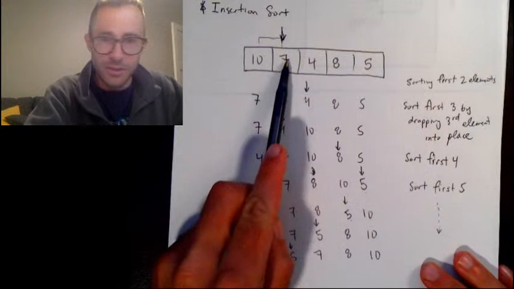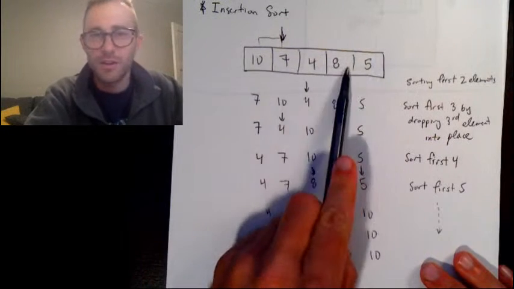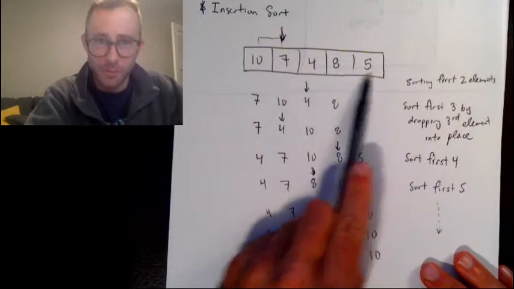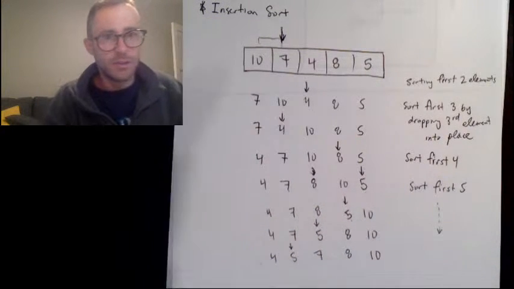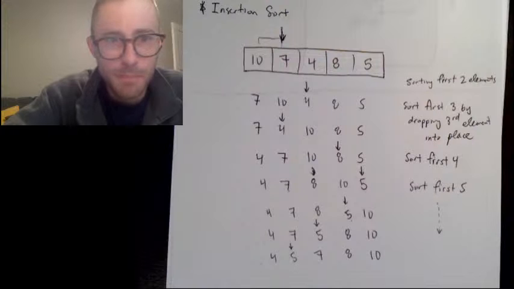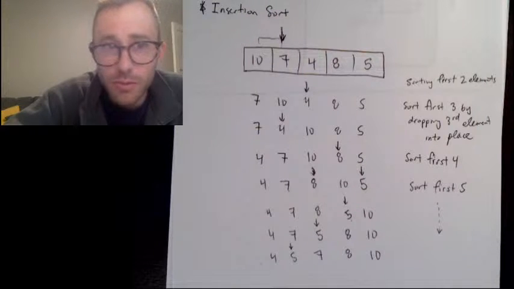We go through the entire array for 7, for 4, for 8, for 5. So you keep going through the entire array over and over again, and for that reason, it's not very fast. But it is an easy enough algorithm, so it's a good place to start.